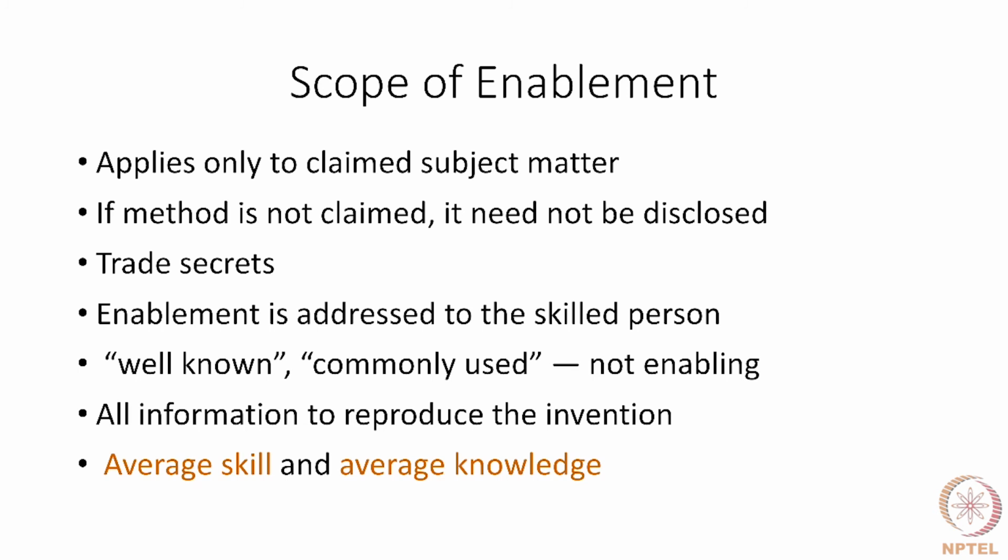In this particular context, we use average skill, and there is a difference in the wording in the Patents Act in India itself. In this context alone, the word average appears, and in every other context, especially when it comes to inventive step, it's just the person skilled in the art. The average qualification is not there.